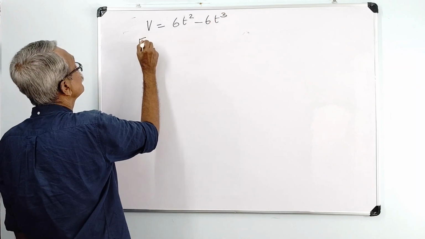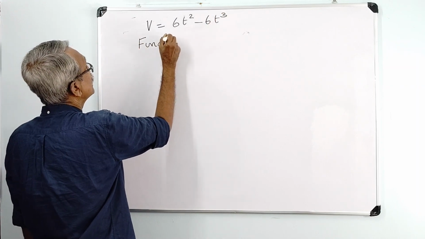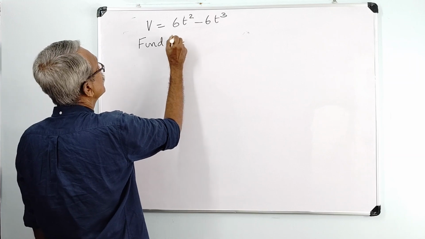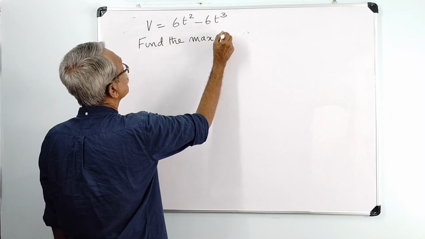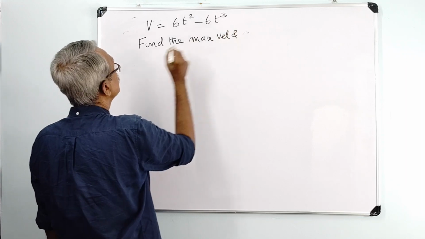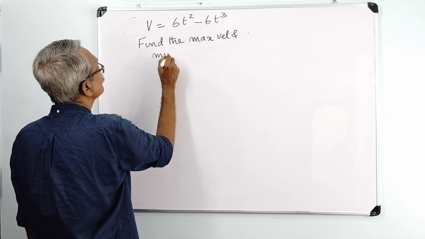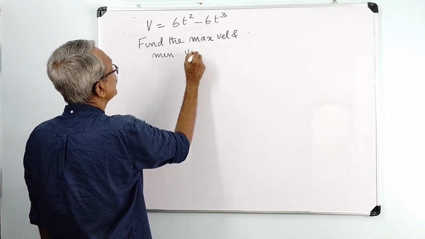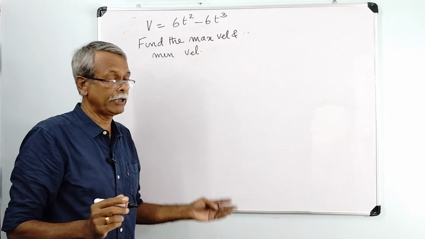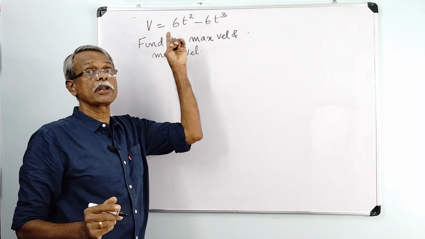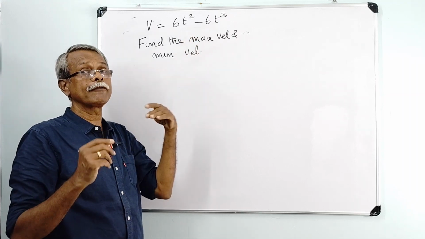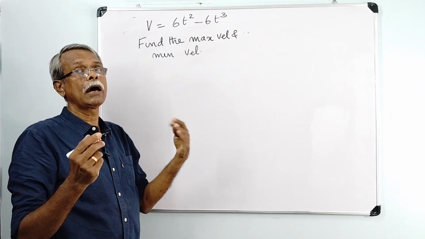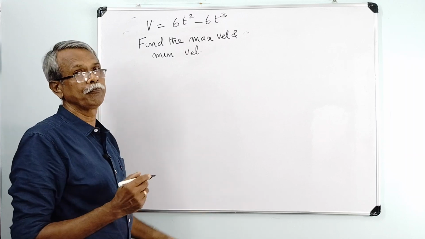Find the maximum velocity and minimum velocity. Here in this question we have been given the expression for velocity. So we have to find at which point it is maximum and at which point it is minimum.